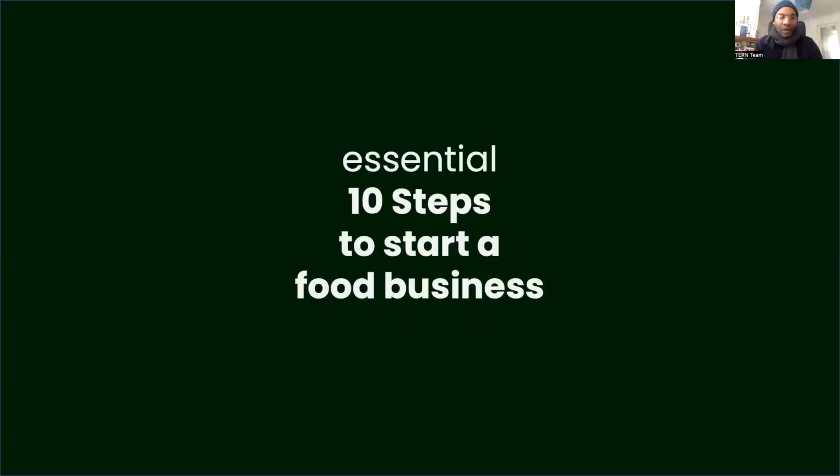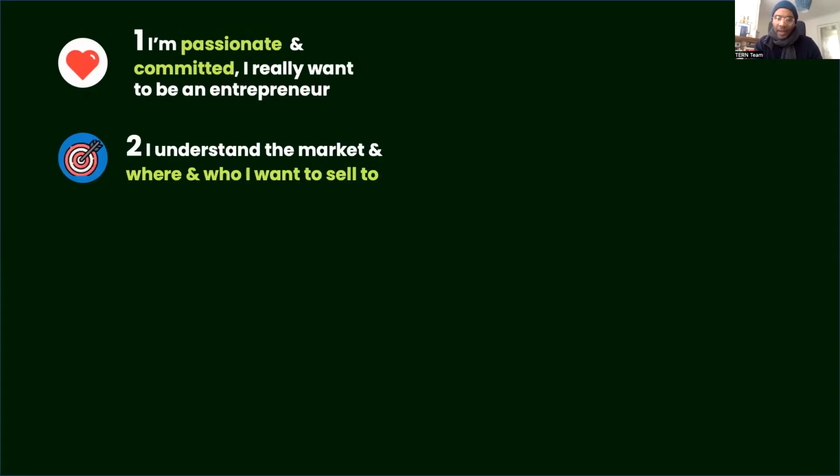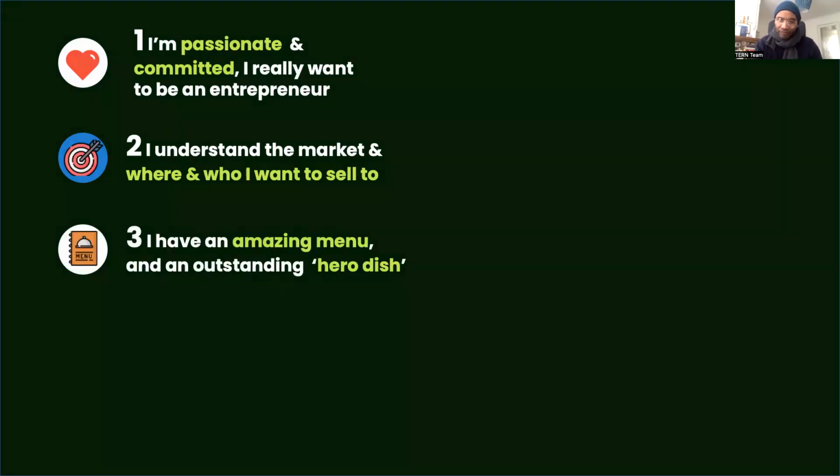In terms of the ten steps to start a food business, again, going through this very quickly. Being passionate and committed is important. Understand the market, where to sell and who to sell to. Try to create an amazing product and an amazing menu.